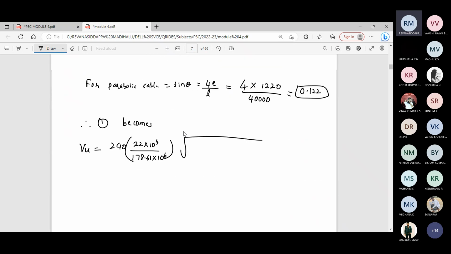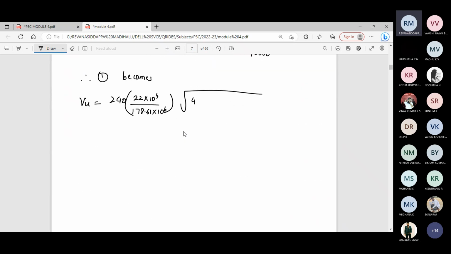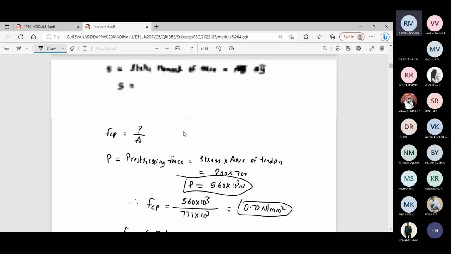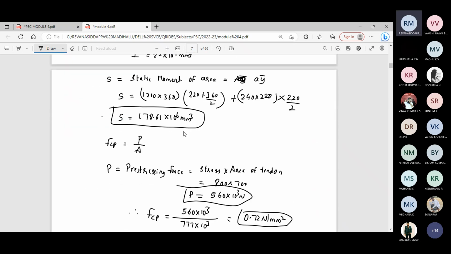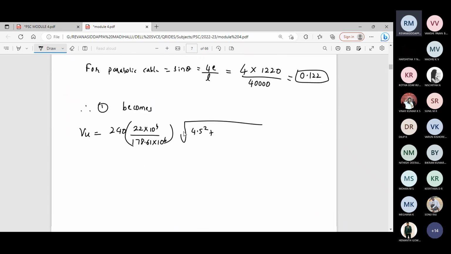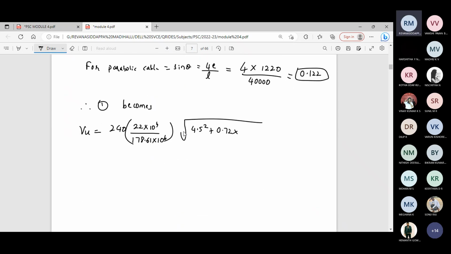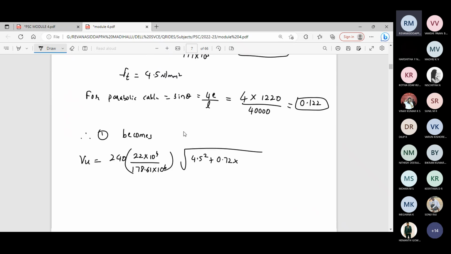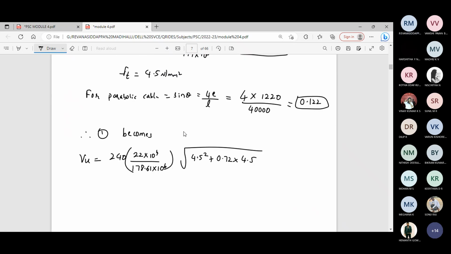FT is 4.5, given in the problem. 4.5 square plus FCP, 0.72, into FT again 4.5, plus P sin theta.